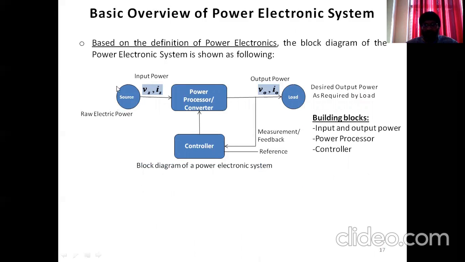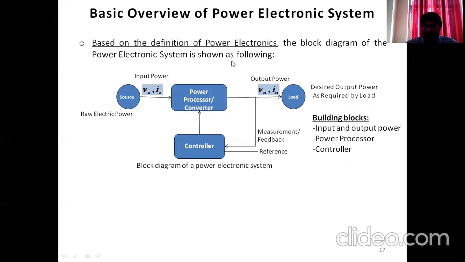This is the block diagram of a power electronic system. All the definitions were talking about power processing and controlling from the source, meaning from the input to the output. So based on the definitions, we have developed this block diagram.